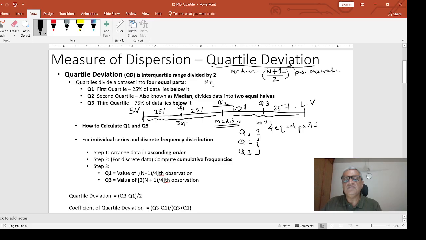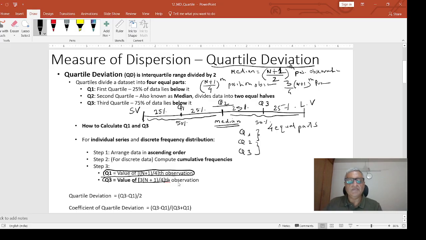Q1 is the (n plus 1) by 4th position observation. And Q3 is 3 by 4 into (n plus 1)th position observation. So these are my Q1, Q2, Q3.